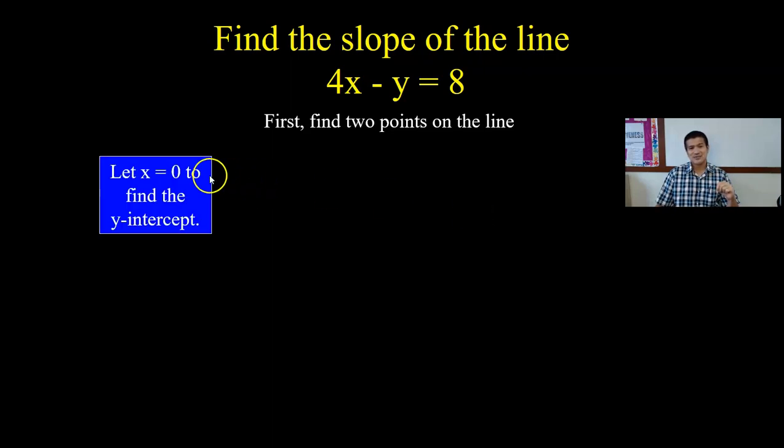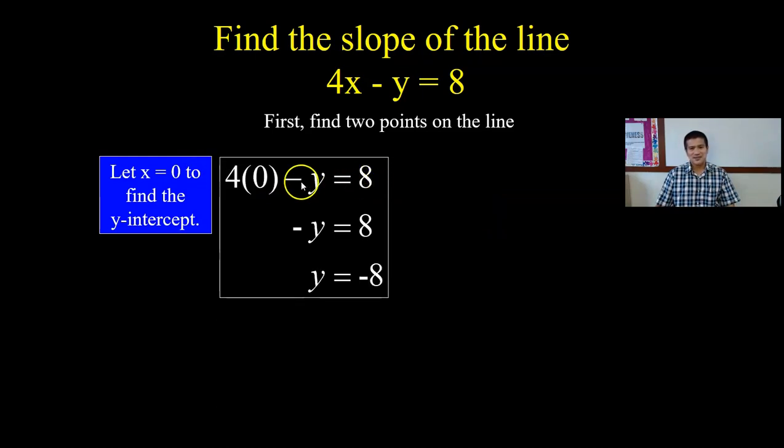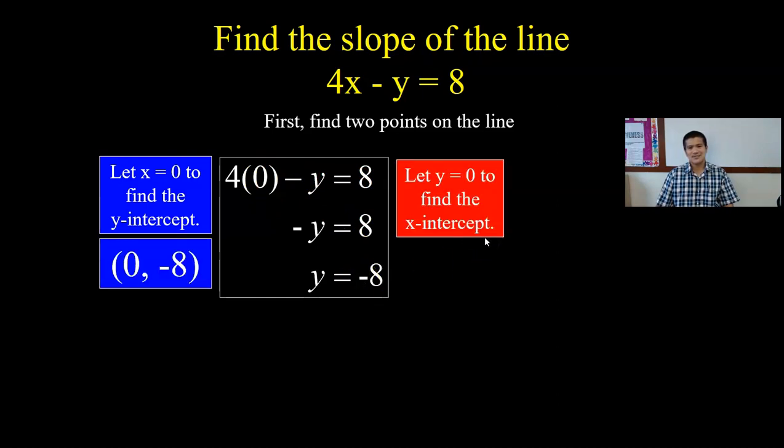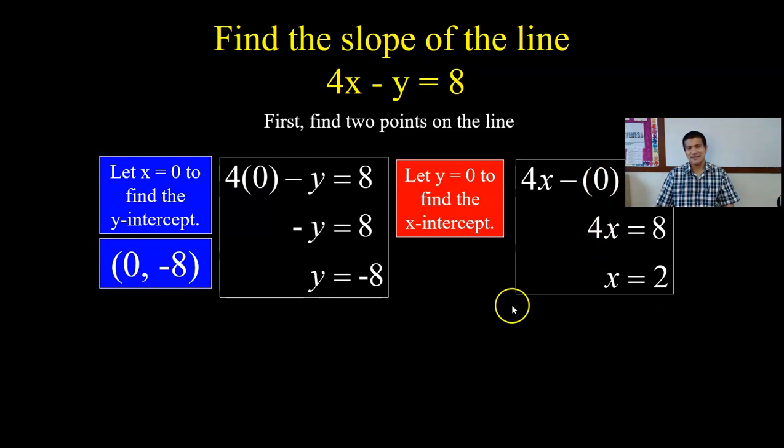So let x equal 0 to find the x and y intercepts. If x is 0, y is equal to -8. But if y is equal to 0, we have x equal to positive 2. So here we have (0, -8), and another one is (2, 0). So we have 2 points over here.